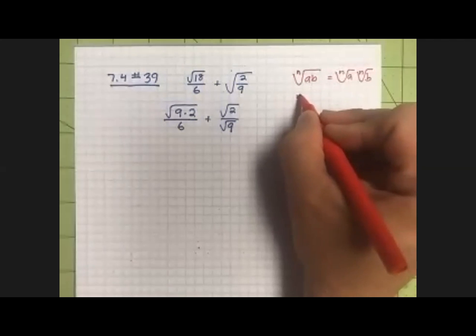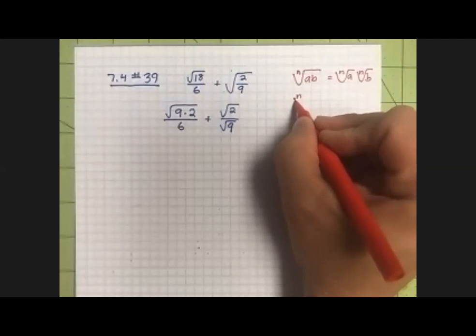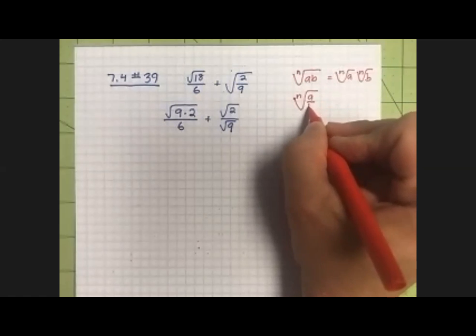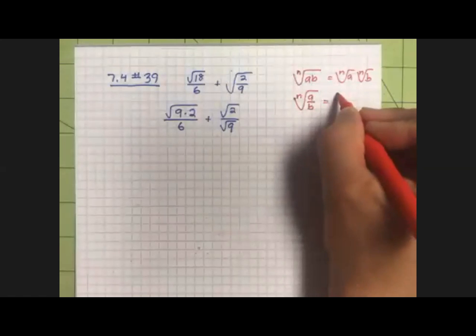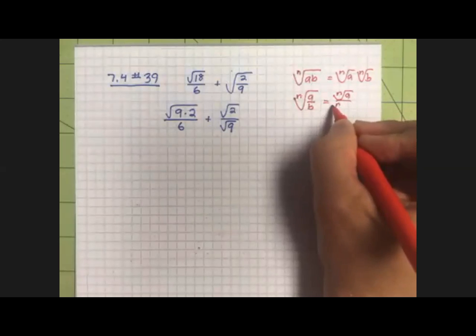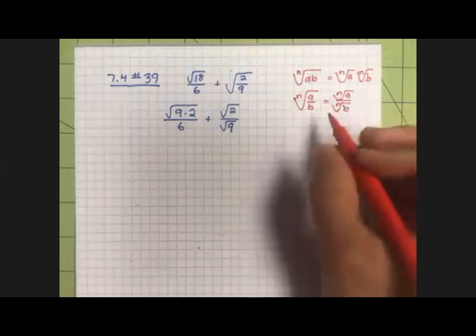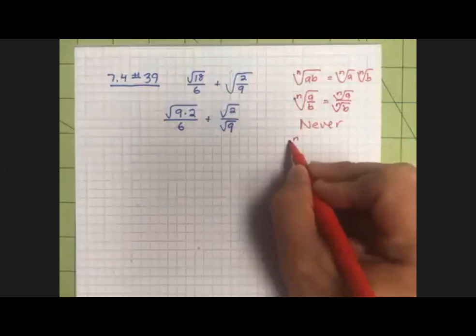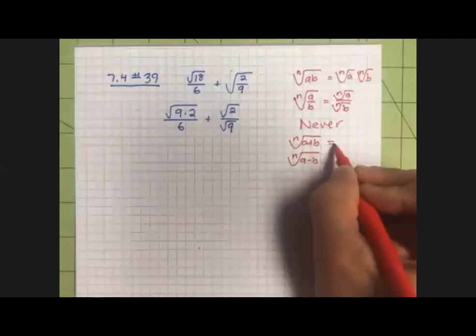I'm allowed, no matter what root I'm using, to separate things that are being divided into two radicals. I am never allowed to separate two things that are being added or subtracted into two radicals.